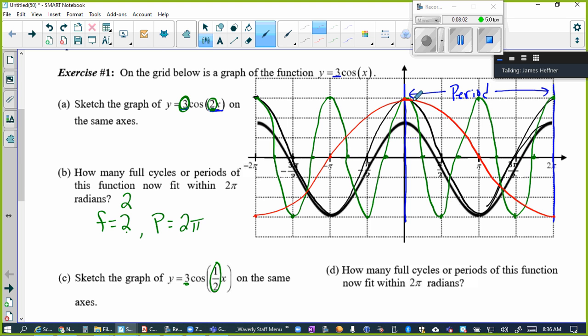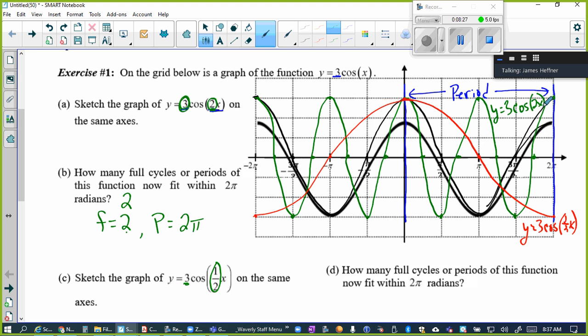So this is y equals, what was it, 3 cosine 1/2 x. You can read that. Okay. And the other one was y equals 3 cosine 2x. This is y equals 3 cosine 2x.